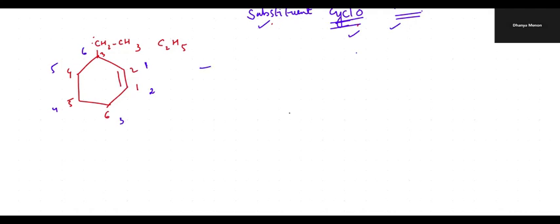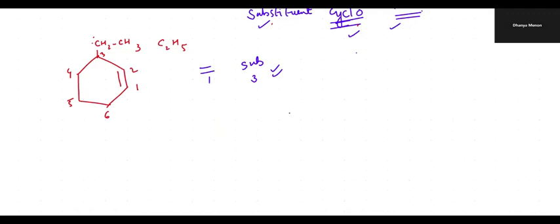Double bond is at the first position, substituent at the third position, versus double bond at the first position, substituent at the sixth position. Definitely you'll go with this, right? So I'm removing this. 1 and 3 is comparatively better.